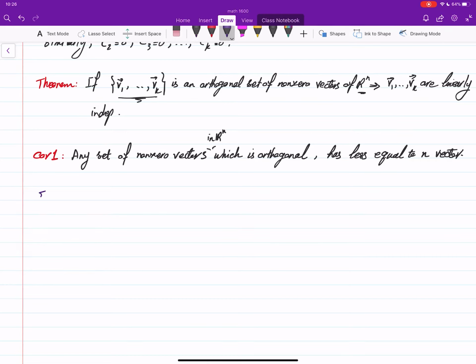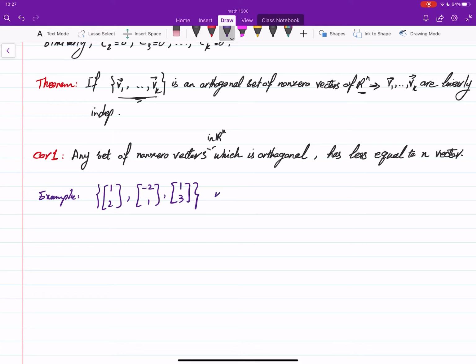For example, if you're working in R2, any set of vectors in R2 with 3 elements or more cannot be orthogonal. So I don't need to check the condition.